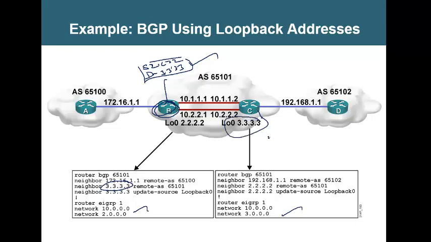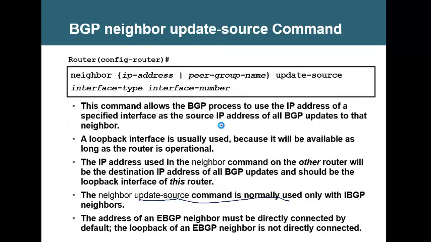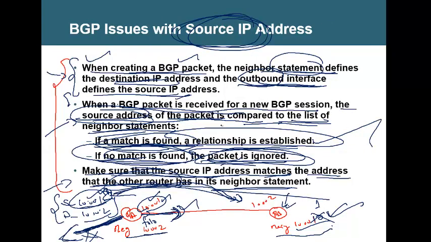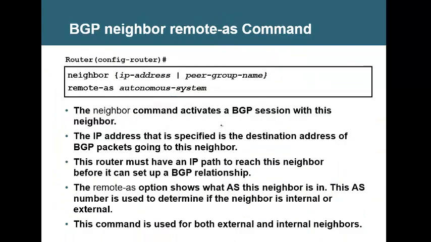Correct? Right. So for B to know the location and direction of 3.3.3.3, to route the packet to 3.3.3.3, there should be an IP path. That's what I explained some time earlier. Look at this point: this router must have an IP path to the neighbor address.